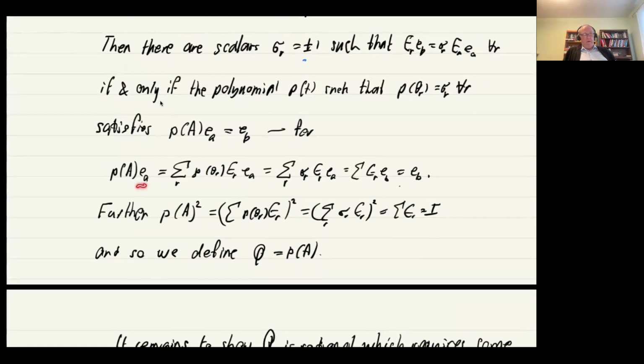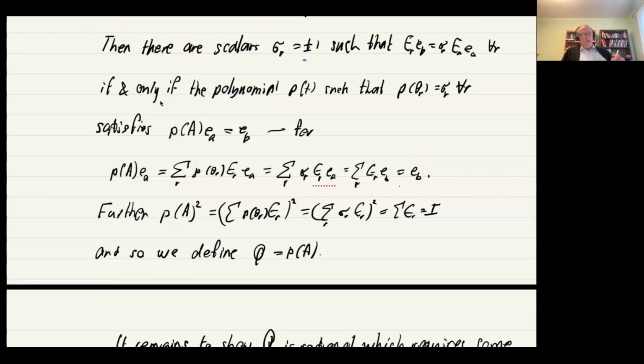Well, p(A) applied to e_a is, by spectral decomposition, the sum of p(theta_r) E_r e_a. Now p(theta_r) is sigma_r, and sigma_r E_r e_a is E_r e_b, and this sum is over r, but b is constant, and the sum of the idempotents is the identity, so we get e_b. So if I can find this polynomial, then I can get p(A) doing this. I have to fix this up.